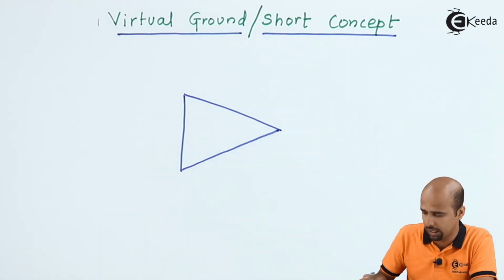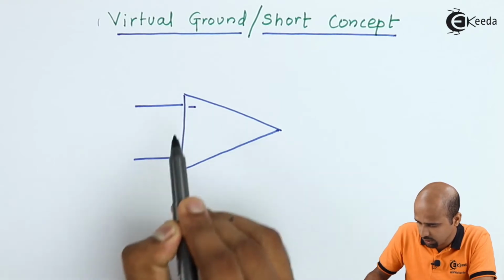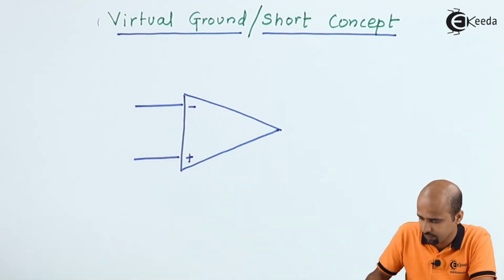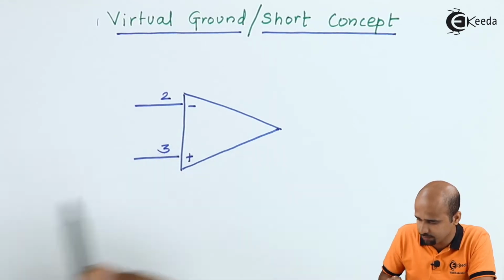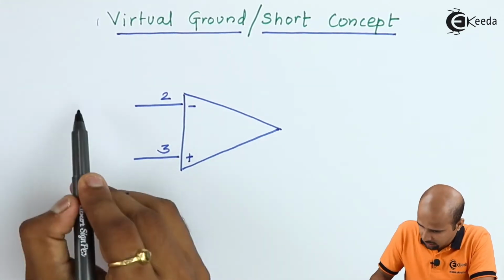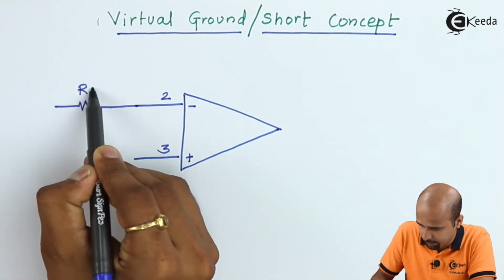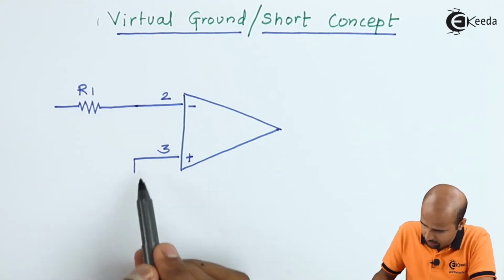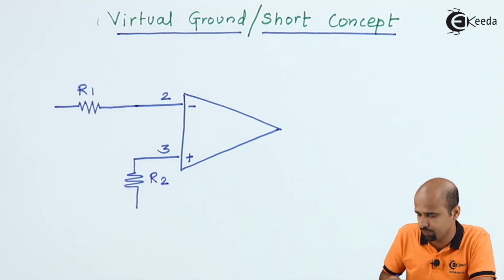This is our symbol of operational amplifier. Inverting terminal, non-inverting terminal, pin number 2, pin number 3. Now if we have a resistance placed, let's say R1, and here a resistance, let's say R2.